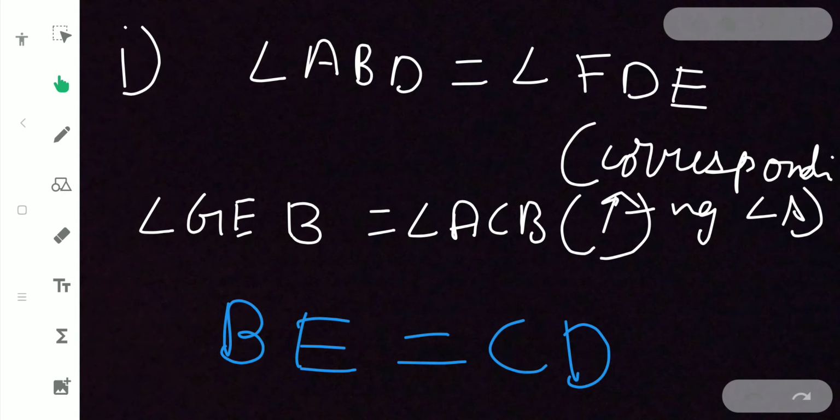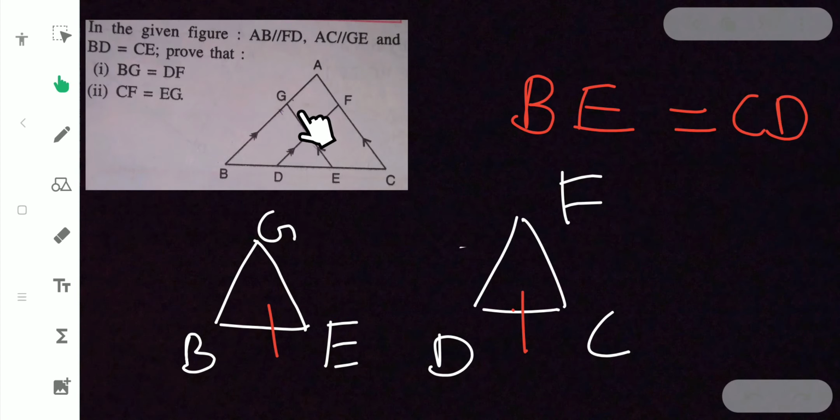What angles we are having: angle ABD, this angle, and angle FDE. So these angles we are having, and in the same way angle ACE, this angle, and angle GEB, this angle, we are having equal, and we are also having BE is equal to CD. So we are having angle side angle.